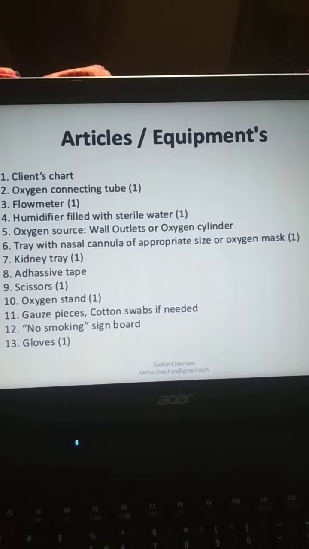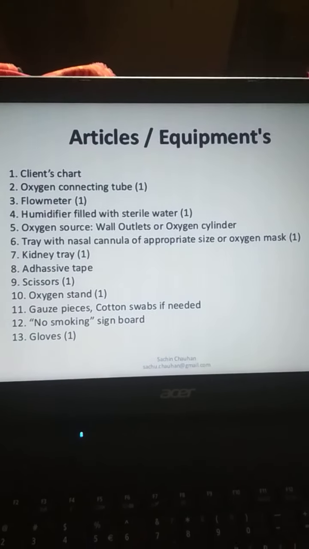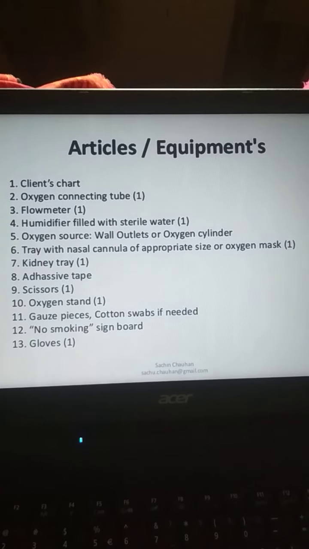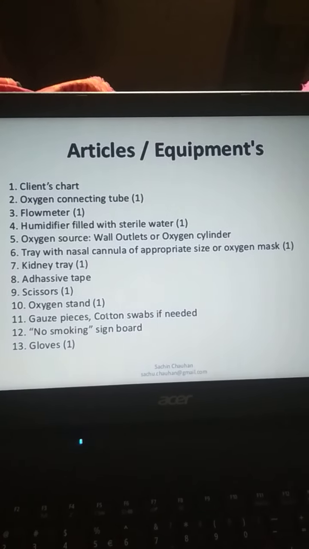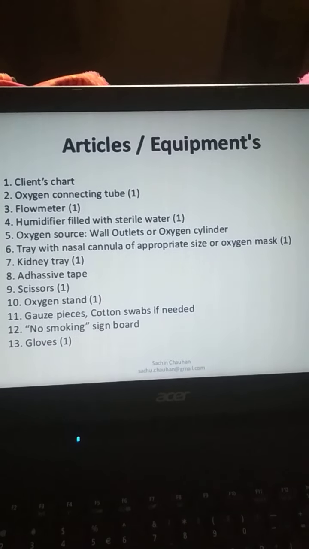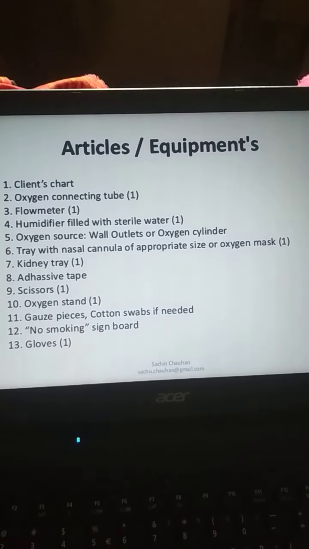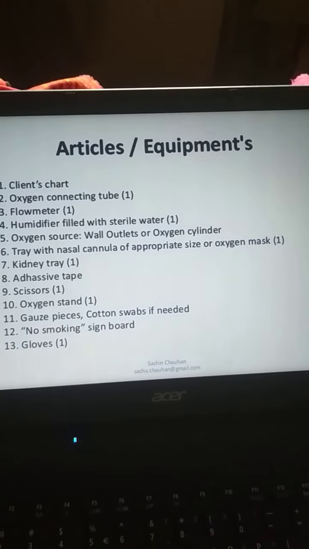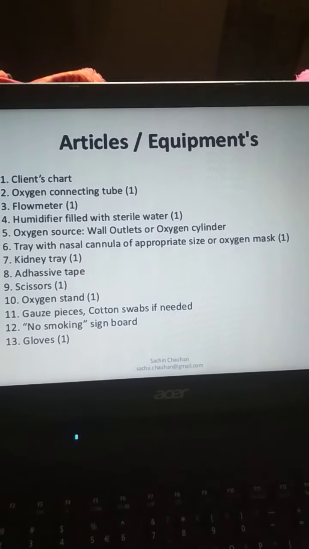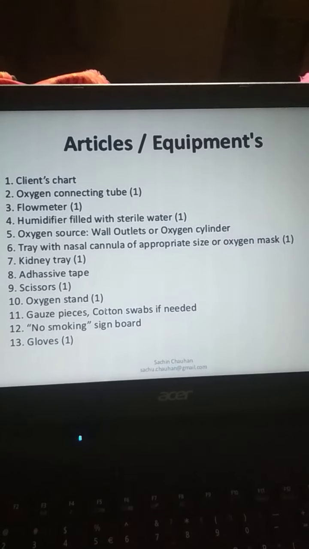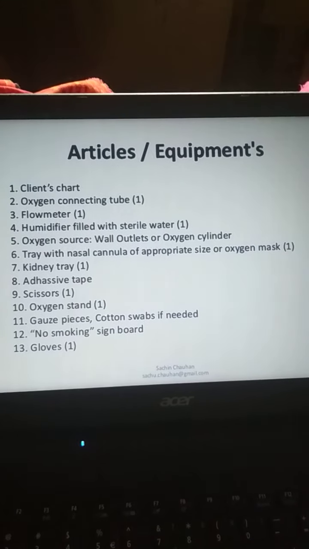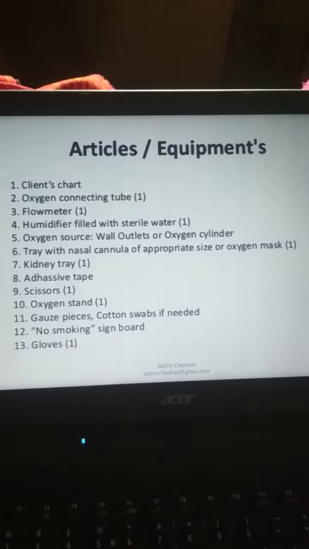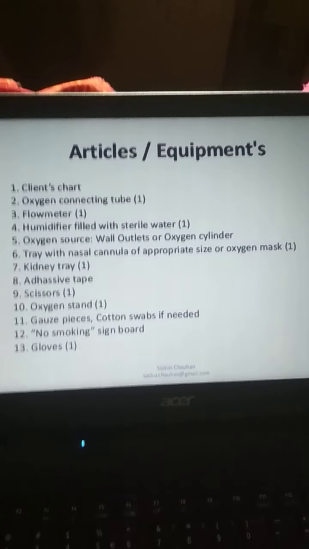Then articles or equipment: client's chart, or we can say prescription chart, oxygen connecting tube, flow meter, humidifier filled with sterile water, oxygen source, that is wall outlet or oxygen cylinder, tray with nasal cannula of appropriate size or mask, kidney tray to collect the waste, adhesive tape, scissors, oxygen stand, gauze pieces or cotton swabs to clean the mask and the nasal cannula.